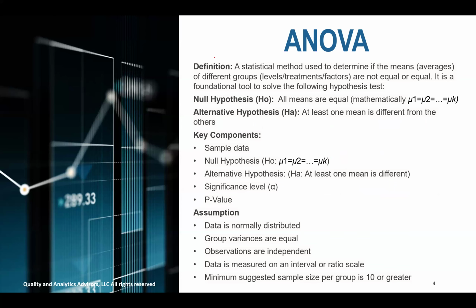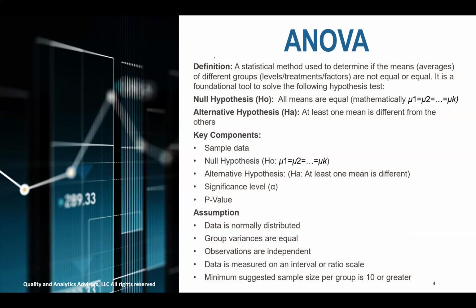I wanted to spend a few moments just going over the concept of ANOVA and what it means. I welcome you to actually read about ANOVA. A good resource to actually learn more about ANOVA is to go to the NIST website and look into their statistical content.